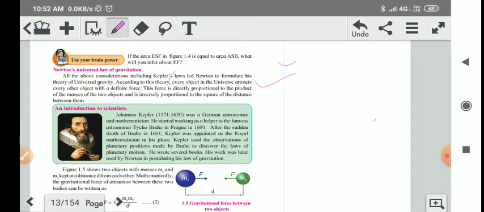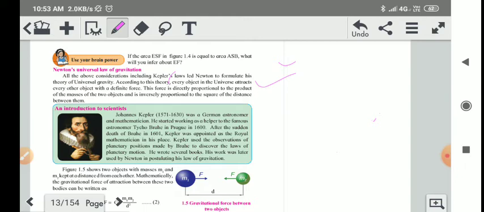Okay, and this law is given by Newton. According to Newton, every object in the universe attracts other objects by a definite force, and that force is directly proportional to the product of their masses and inversely proportional to the square of the distance between them.